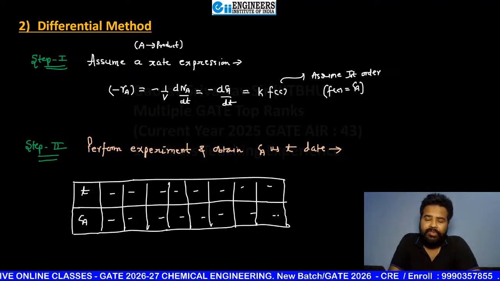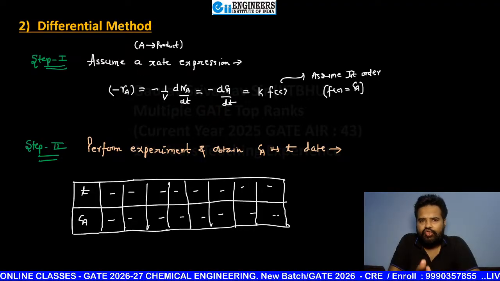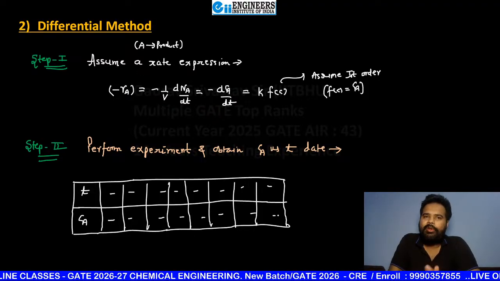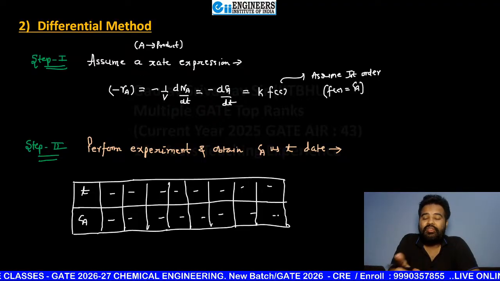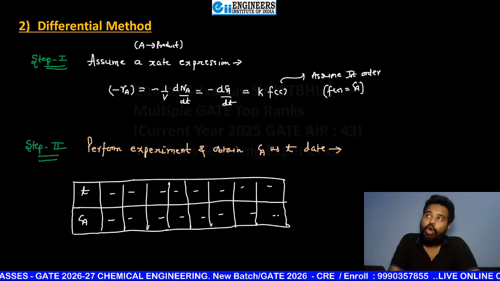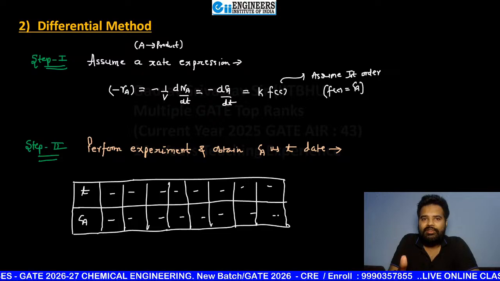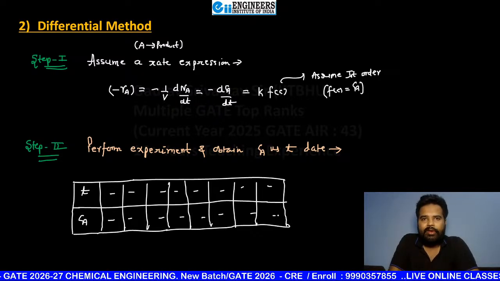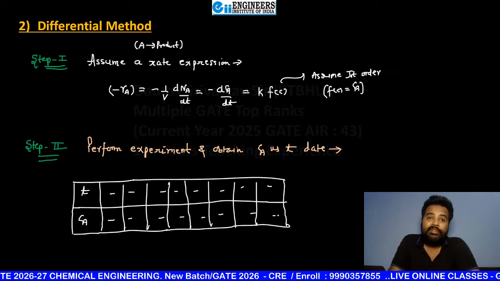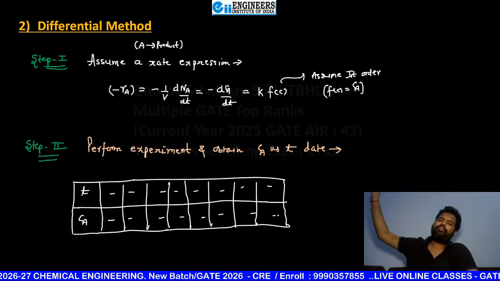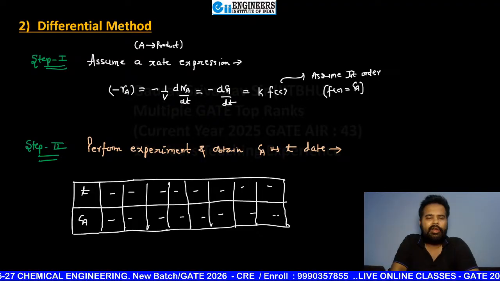And actually in industries, when you perform this, no need to draw some table. Automatically some composition analyzer is there in your reactor, and with the help of automatic devices it is going to draw a graph. Automatically it will draw a beautiful graph for you.